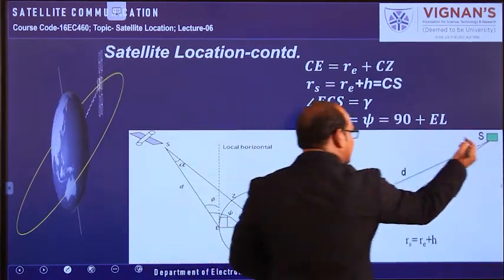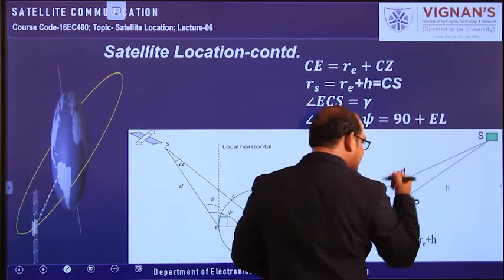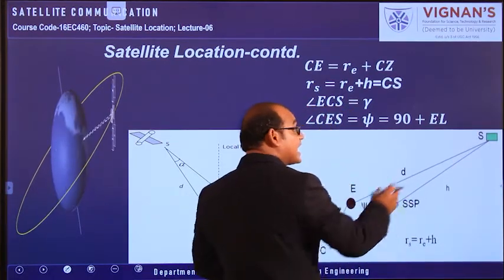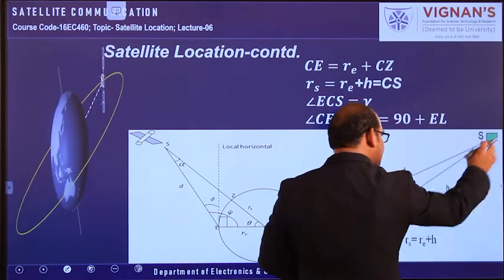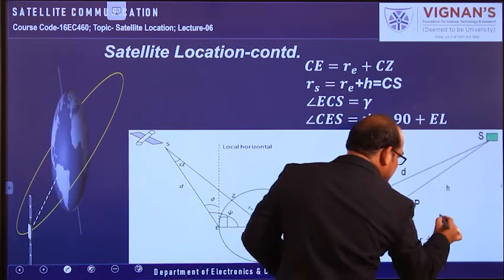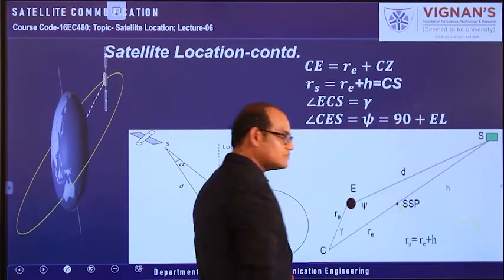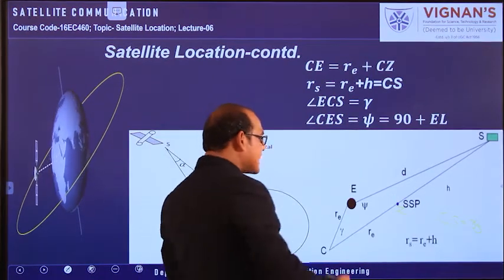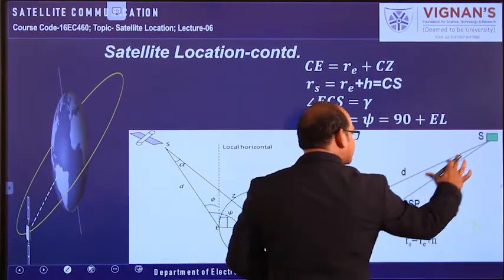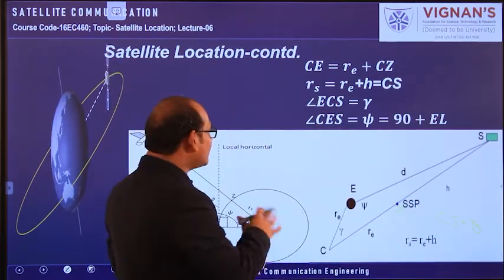And here the satellite is available, the distance between the earth station and the satellite is D, that we have already indicated, and the height of the satellite is represented with H, and CS is represented with RS. And that RS is the addition of CZ and ZS, that is RE plus H.